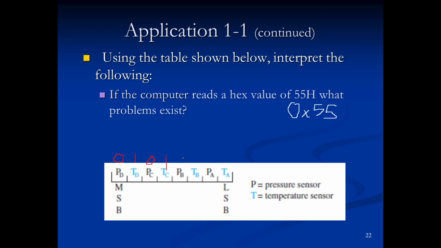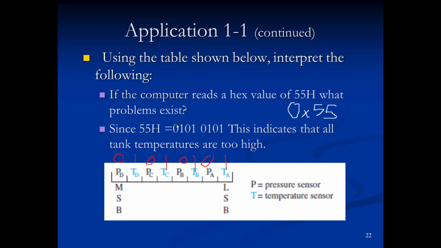And the second digit is also a 5, so we would see 0, 1, 0, 1. And so if all the ones are errors, it looks like every single tank has a temperature problem. And that's exactly what it indicates. All the tank temperatures are too high.